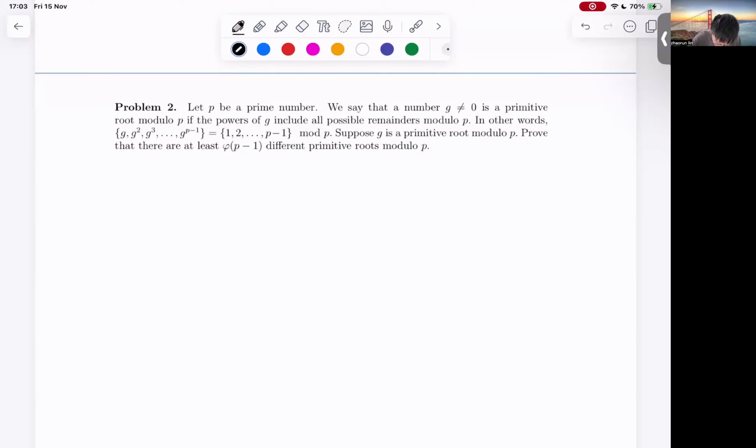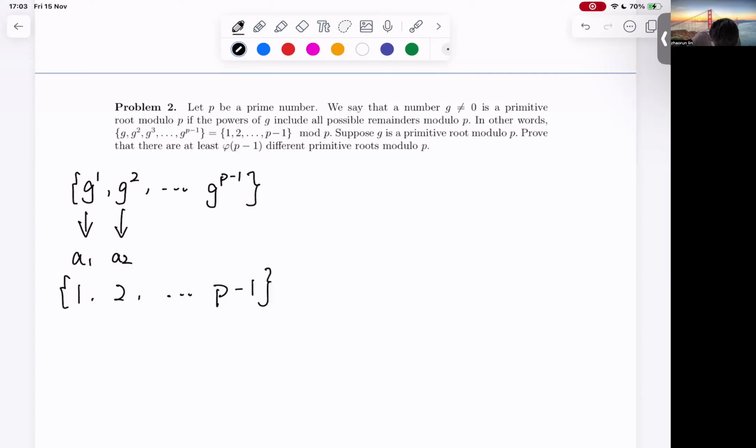So what it means is that given a G, G to the power of 1 and then 2 all the way to the power of P minus 1, we can map it to some elements in this set.